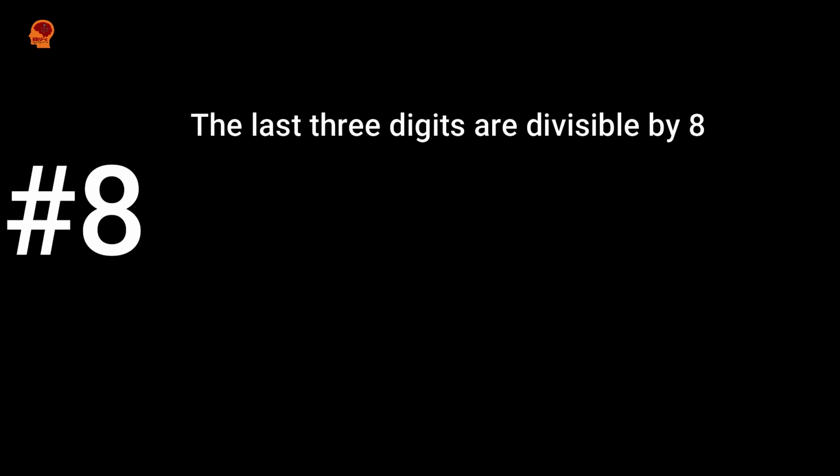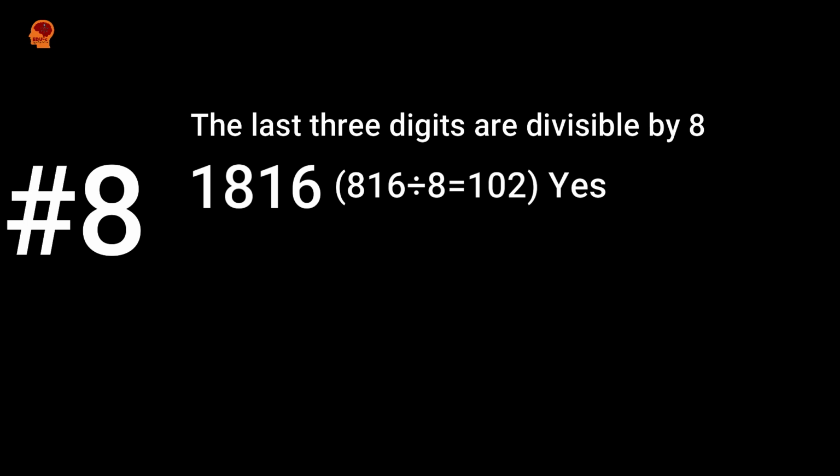Okay, now let's take an example. 1816. I have 4 digits there, so I'm going to take out the last 3 digits, which is 816, and then divide it by 8 to see if I'm going to have a whole number. Yes, I'm going to have a whole number, 102.